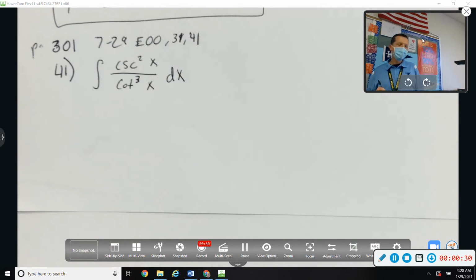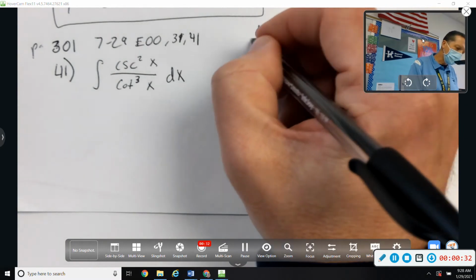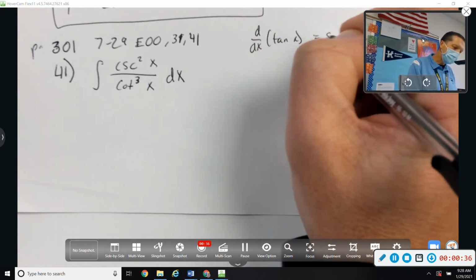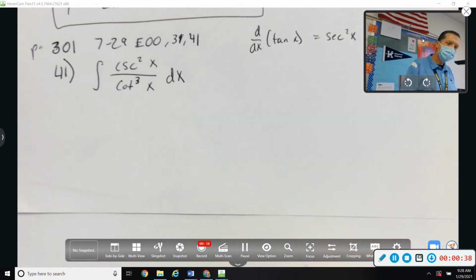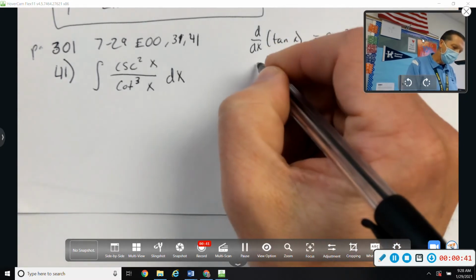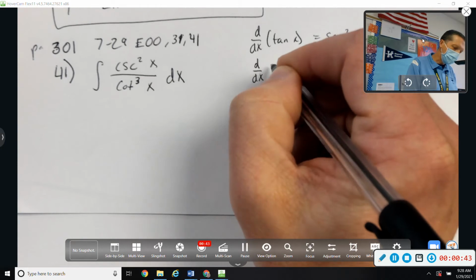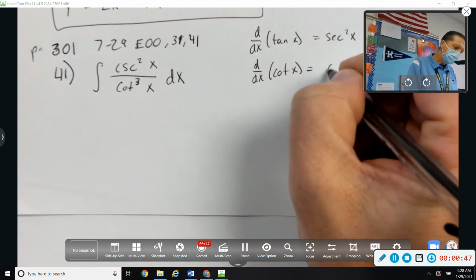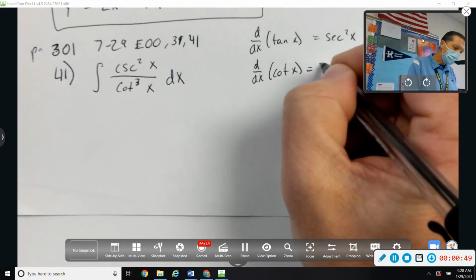Okay, my trig rules. I know that the derivative of tangent is secant squared. So that reminds me then that the derivative of cotangent is cosecant squared, but with a negative.